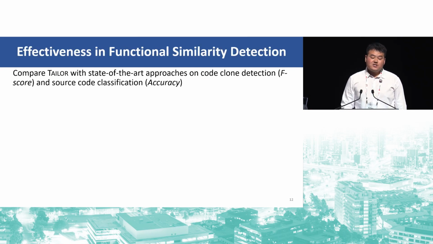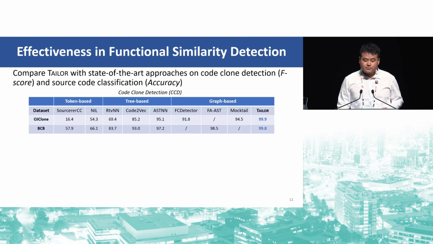For the first research question, we compare Taylor with state-of-the-art methods on code clone detection and source code classification. The code clone detection results are summarized in the following table. Note that we didn't evaluate every approach on the 2 datasets, since some approaches are designed for a particular programming language. For example, the FCD detector is designed to detect C similar codes.